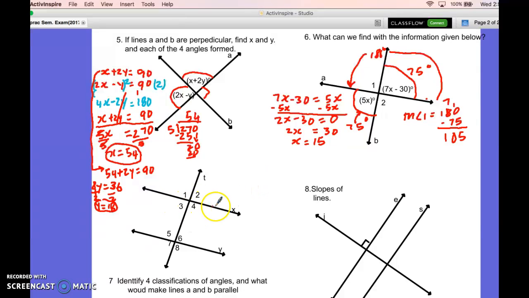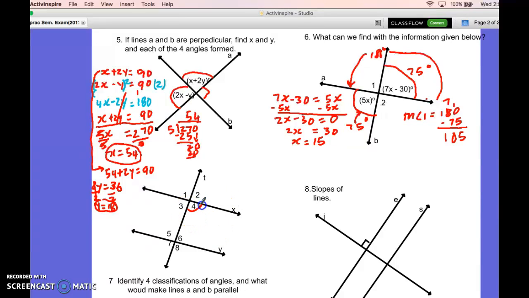Let's say we've got two lines X and Y, intersected by T, which would be the transversal again. I'm sure you know it's line T, transversal. Now, classification of angles, which would be our, let's say, alternate interior angles.